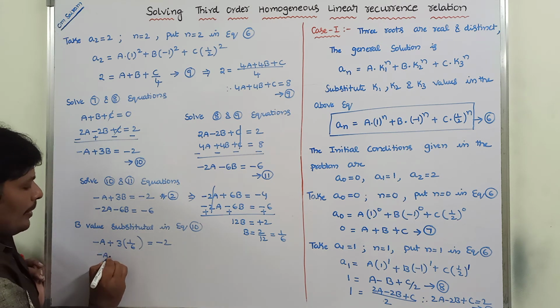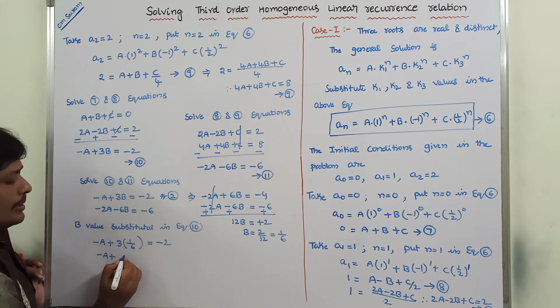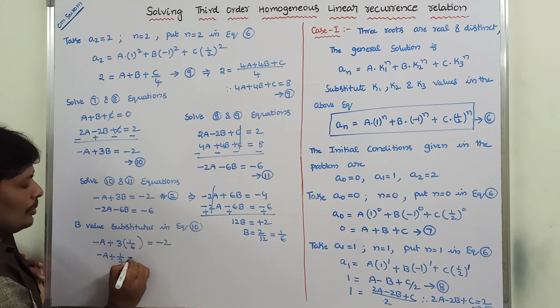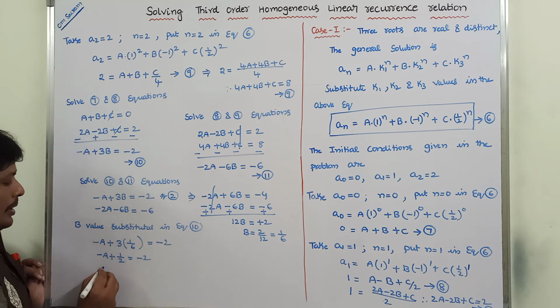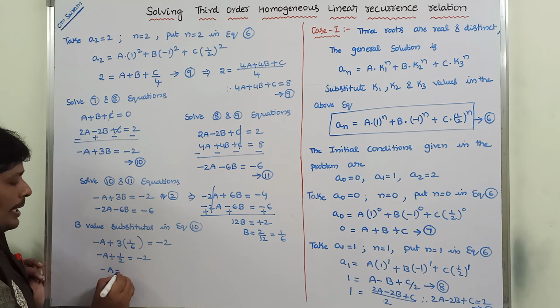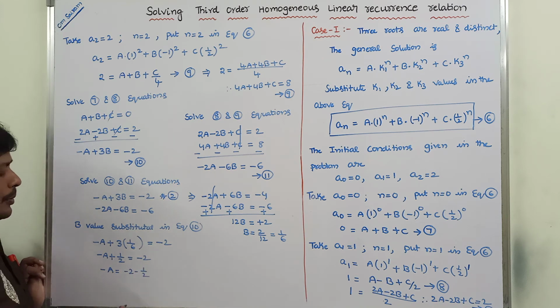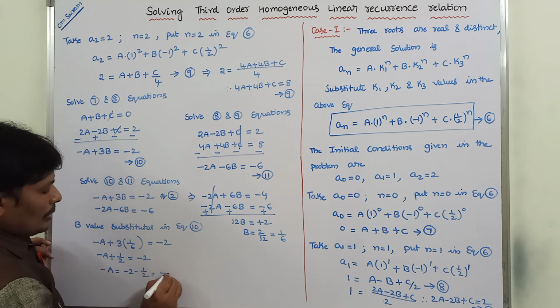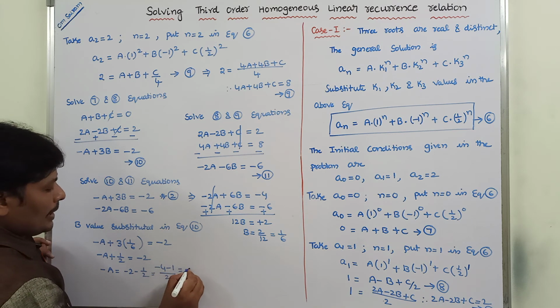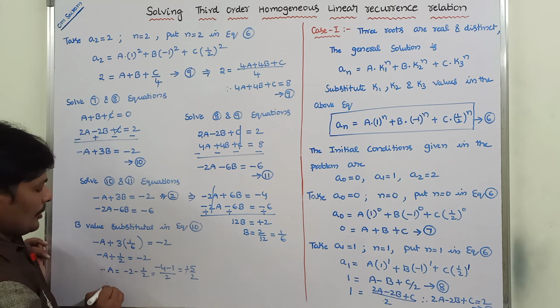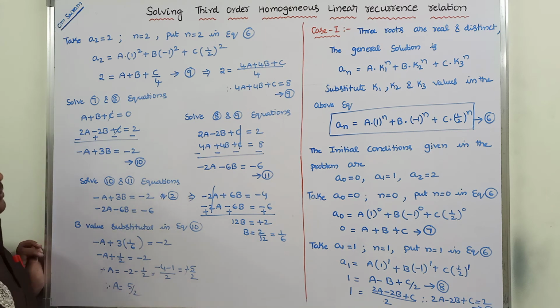Next, minus A plus 3 by 6, that is 1 by 2, is equal to minus 2. So here minus A is equal to minus 2 minus 1 by 2. So that is equal to, taking LCM 2, minus 4 minus 1, so that is minus 5 by 2. Minus minus cancel. So therefore A is equal to 5 by 2.